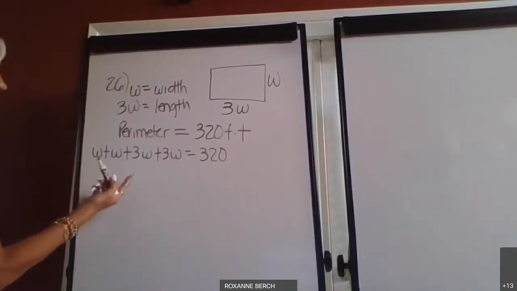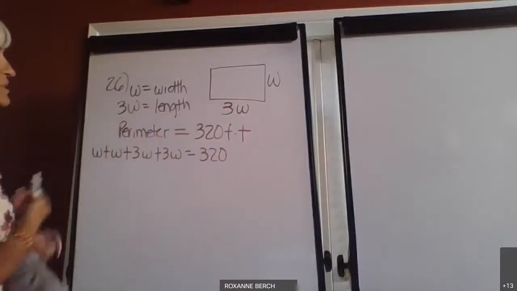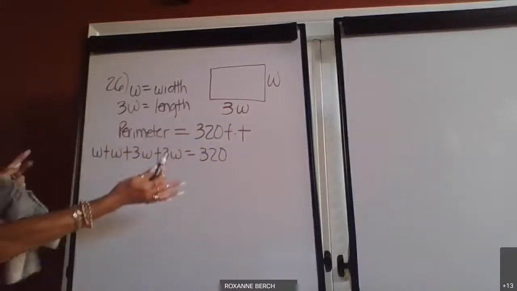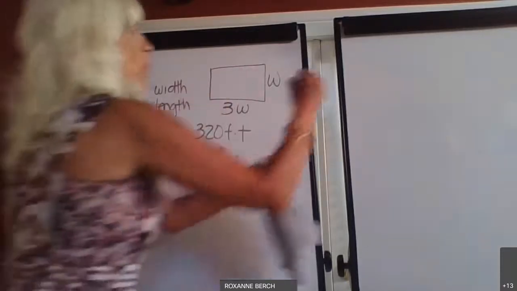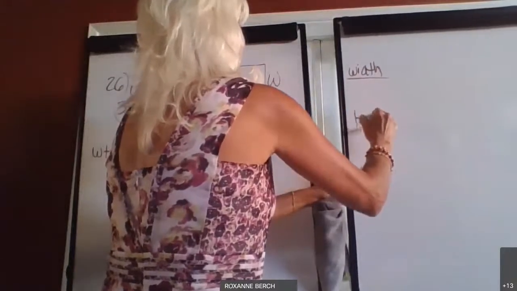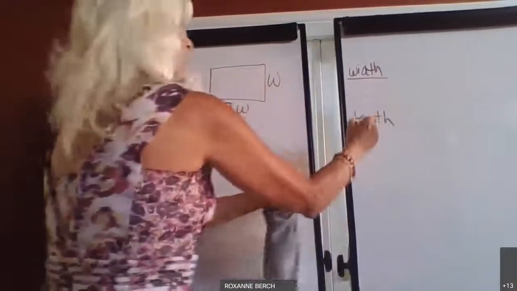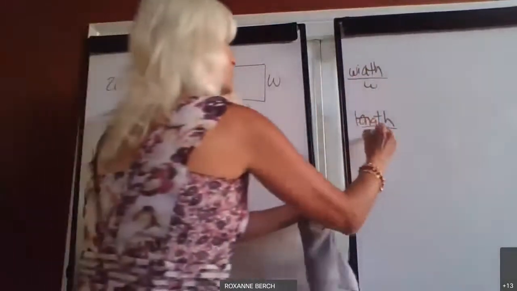If you don't like writing it like that, you could write 2 times W and 2 times 3W, however you write it. Remember what the question is: what are the dimensions? In other words, they want to know the width and the length. We already know the width is W, and the length is 3W.